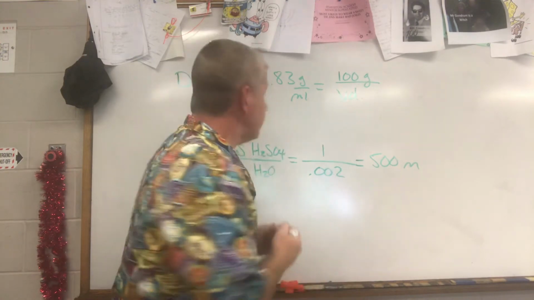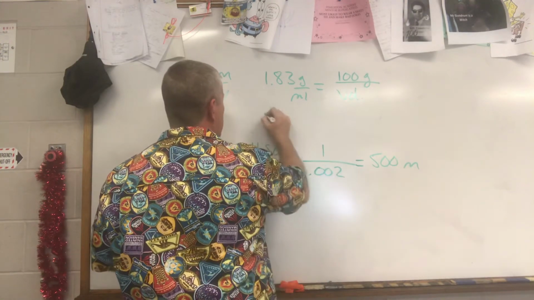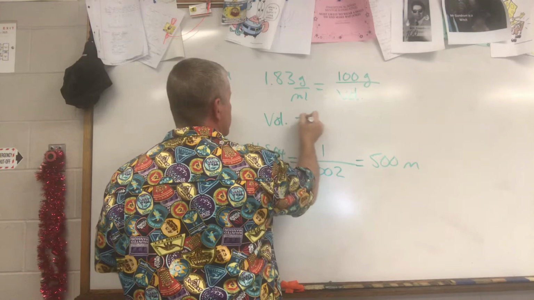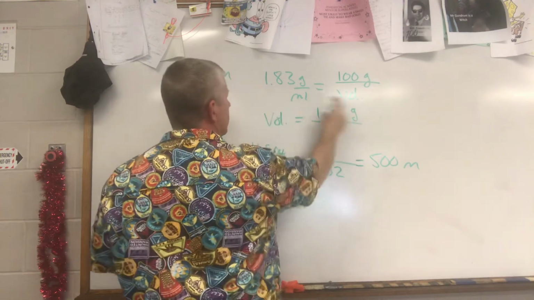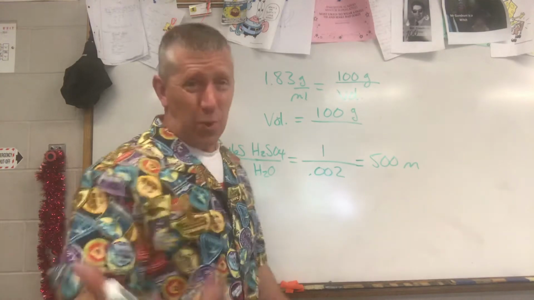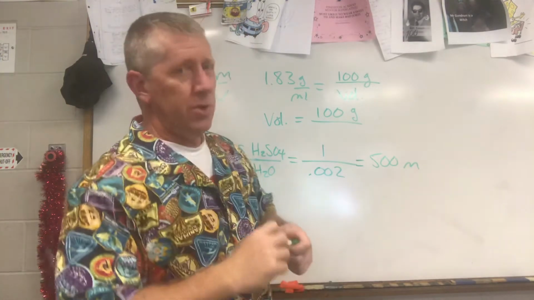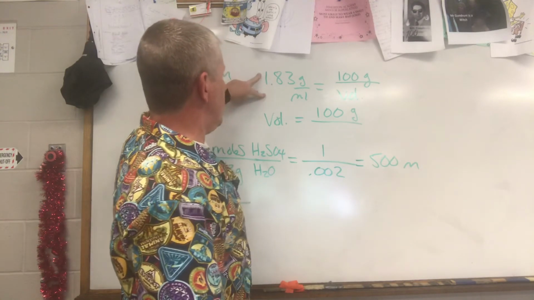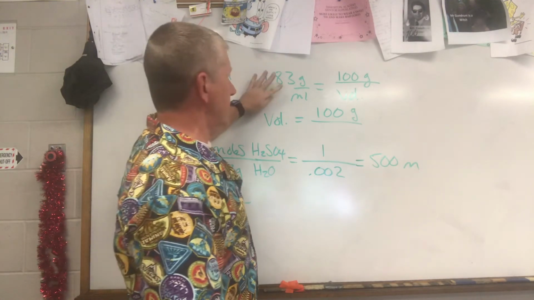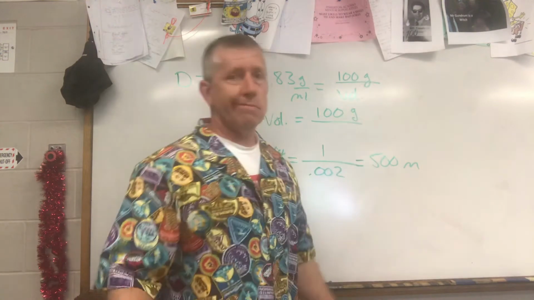Solve for volume. Volume is equal to 100 grams divided by 1.83 grams per milliliter. I say switching, and that's what you're really doing, though your math teacher would say divide each side by 1.83 and then multiply each side by volume.